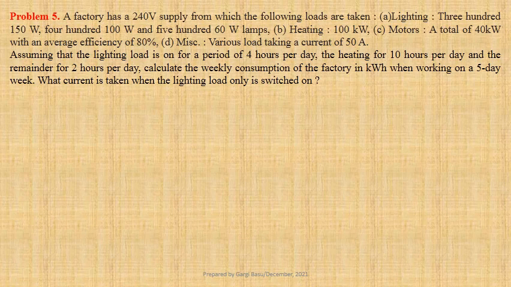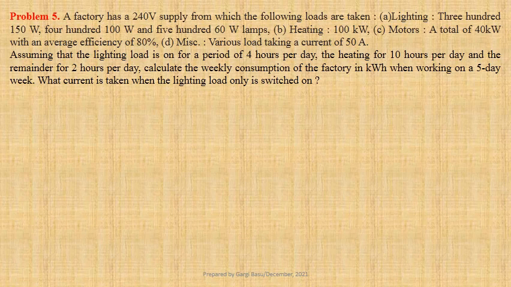A factory has a 240-volt supply from which the following loads are taken: lighting 300 150 watt, 400 100 watt and 500 60 watt lamps; heating 100 kilowatts; motors a total of 40 kilowatts with an average efficiency of 80%; miscellaneous various load taking a current of 50 ampere.